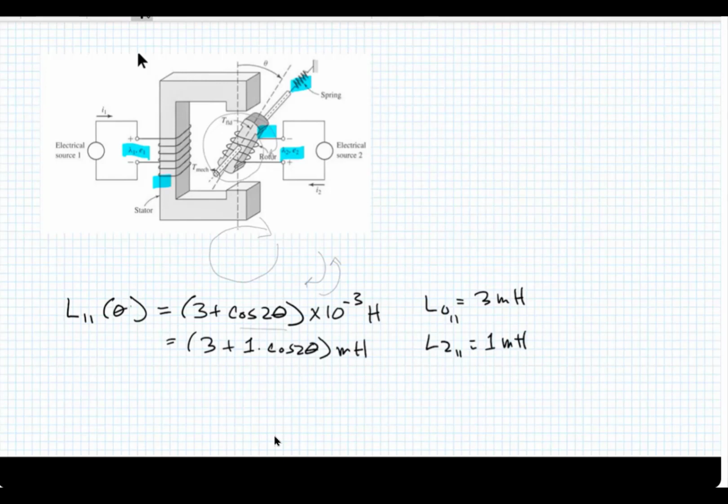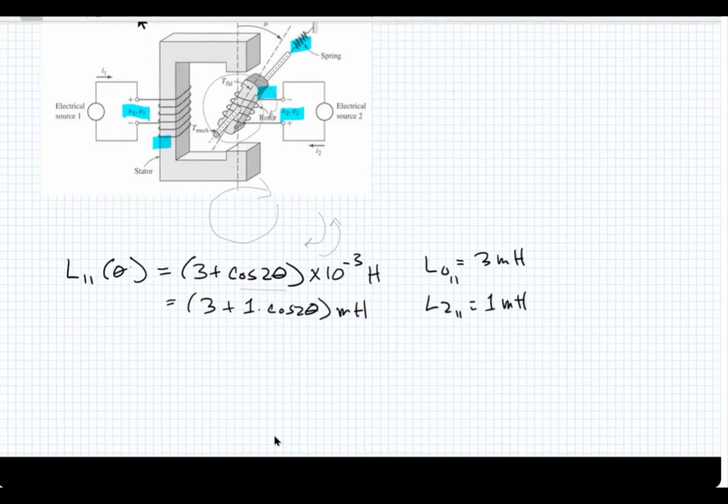That's another way to think about this. And then I've got an L12 mutual, which is the mutual inductance between these two windings here, 0.3 cosine of theta, and this is again millihenry.